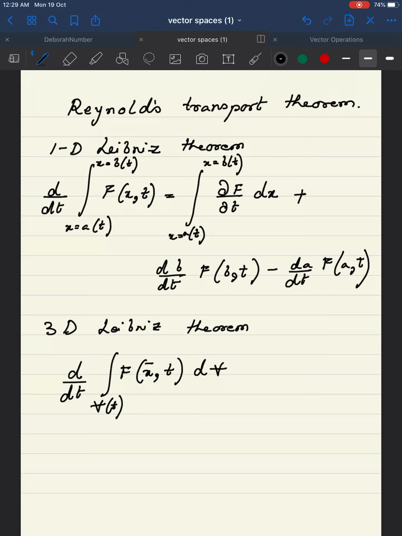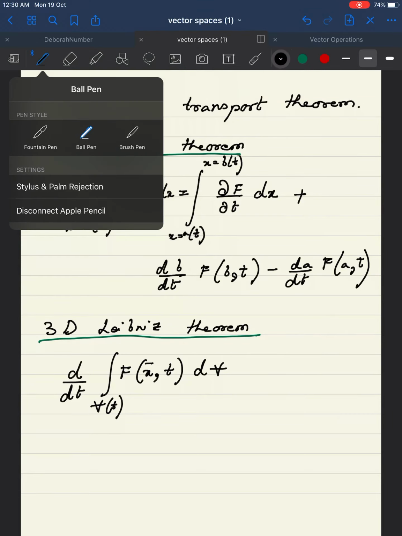This is dx, wait a second, okay, so this is dx equal to, right, I think the rest of it is fine. Yeah, so this is the one-dimensional Leibniz theorem, and this is the three-dimensional one.